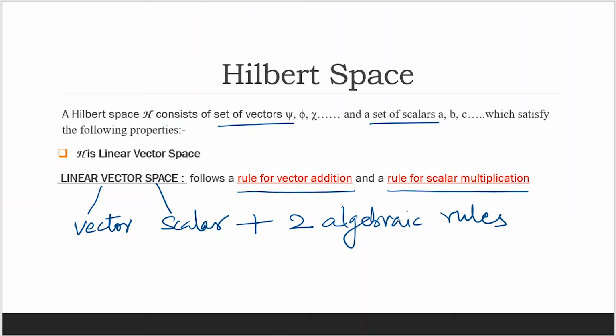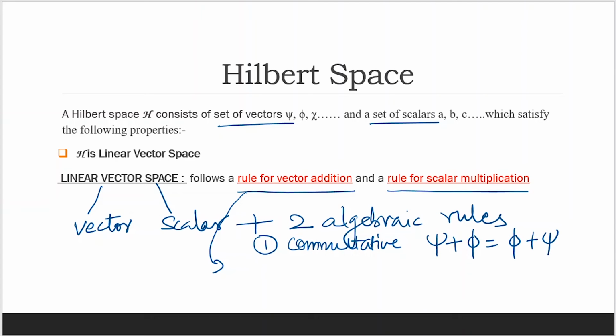If we further divide the rule for vector addition, we have four properties. First, it's commutative. We can change the order while adding two vectors. Second, associative.